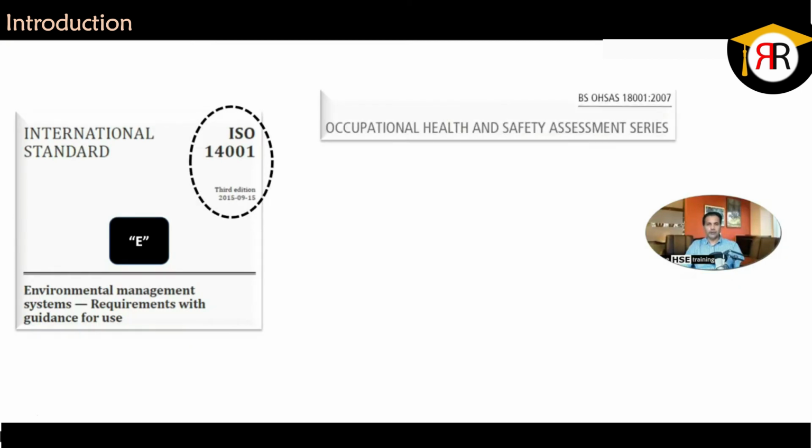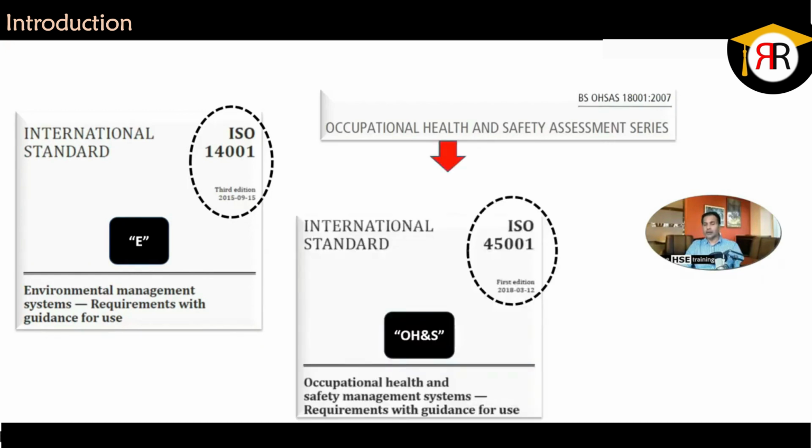For those of you who are familiar with OHSAS 18001, that was the Occupational Health and Safety Assessment Series. Well, as I said earlier, we now have a new kid on the block, launched on the 12th of March, and it was much awaited by many people.